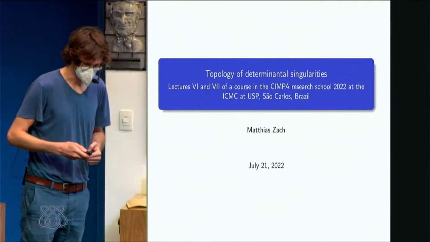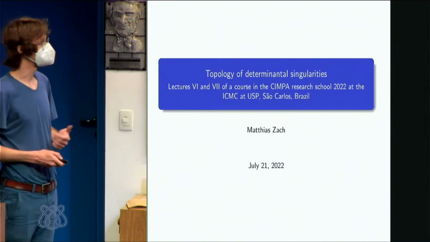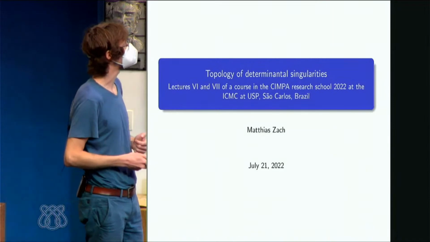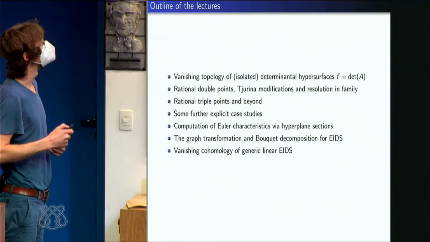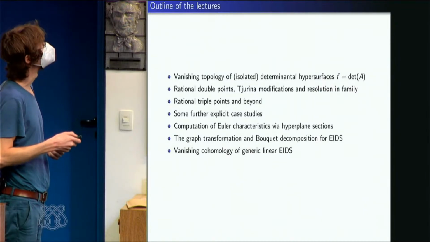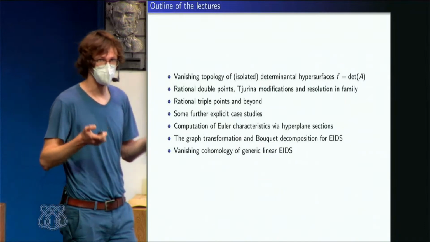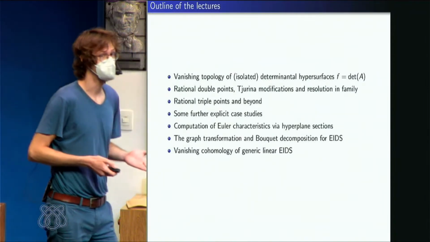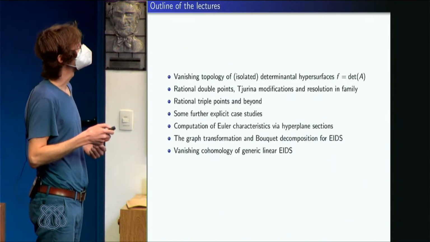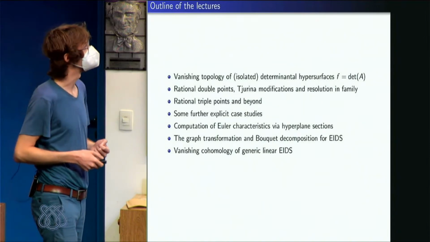But I would like to start with a case which at first does not seem to be too interesting topologically, namely the topology of isolated determinantal hypersurfaces. That means we have an object that we have well studied within the last 1.5 weeks, an isolated hypersurface singularity, with the only extra ingredient that we can write the equation as the determinant of a matrix.